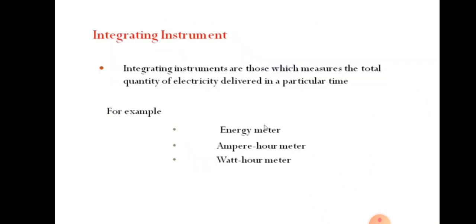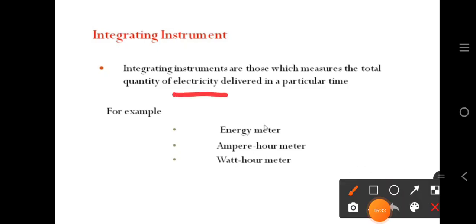Now moving ahead to the third type, that is integrating instrument. Integrating instruments are those which measure the total quantity of the physical quantity delivered in a particular time. In the definition itself we have written an example of an electricity meter. The total quantity of electricity consumed in that particular period is integrated and displayed on the electricity meter.